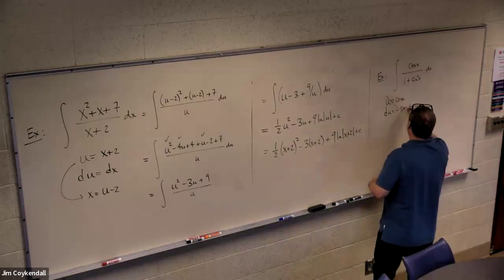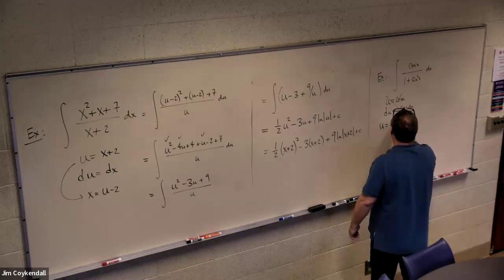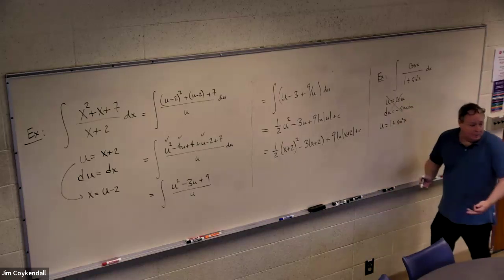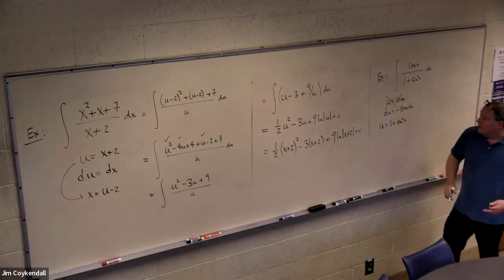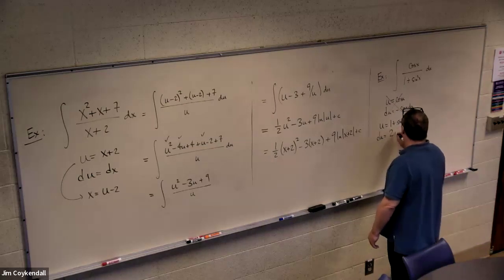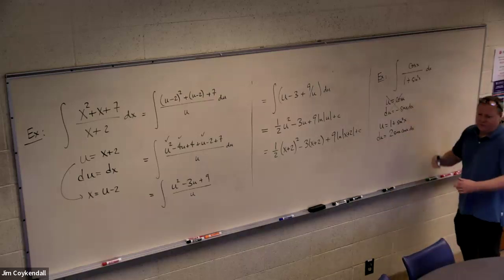So I don't think this is going to work, but that's certainly something to try. That's a good idea. U is the bottom, right? It's a good choice. But here's what happens. This is 2 sine x cosine x. Yeah, it's too much here.